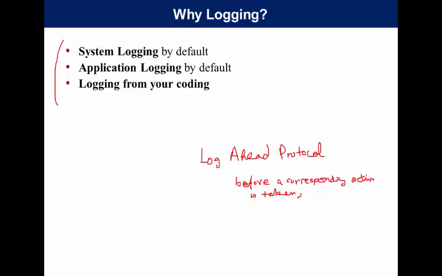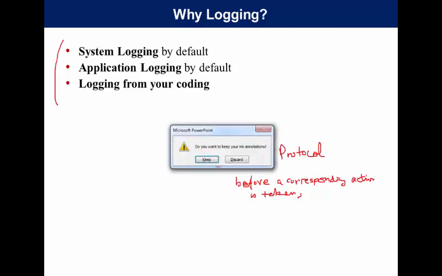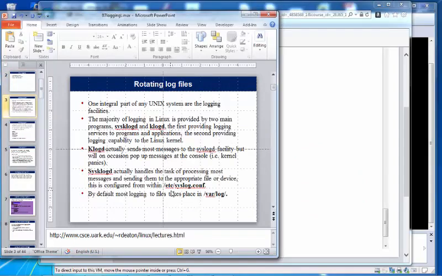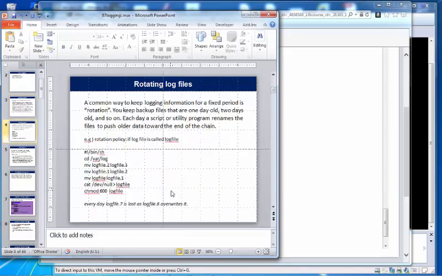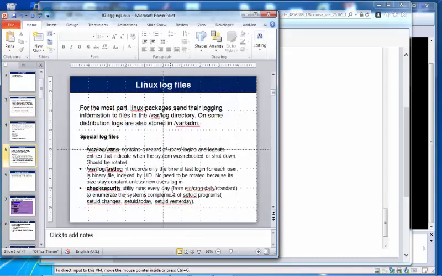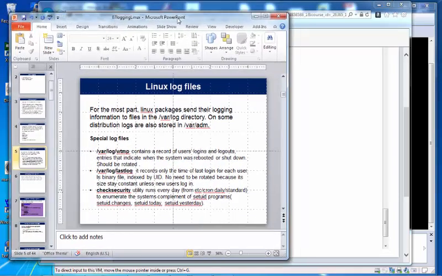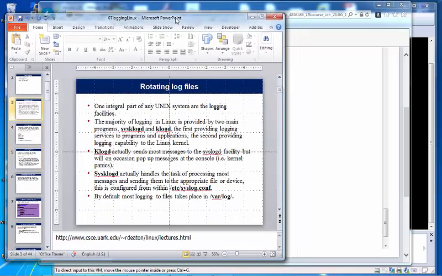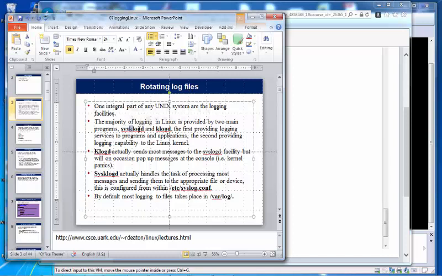Okay, let's take a look at some of the log files. The next slide, slide number 5. All others are like kernel level. klogd, syslogd: these are system log files, but klogd is kernel level.